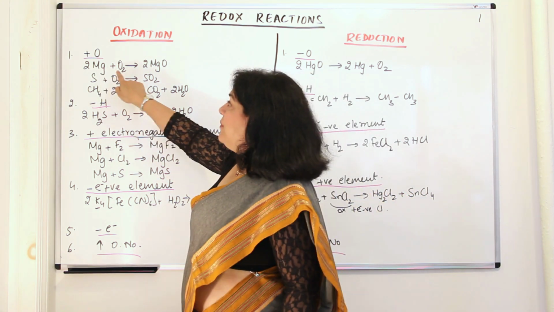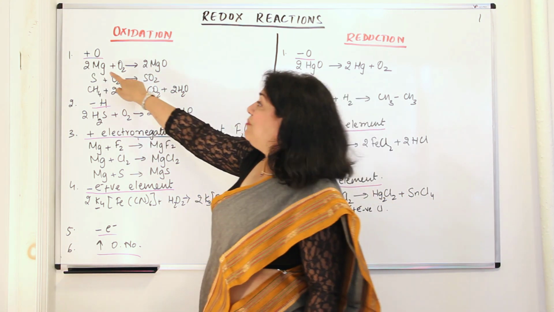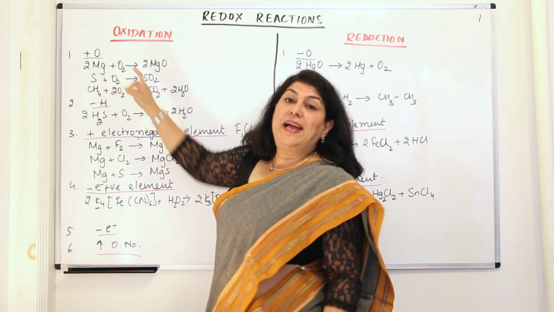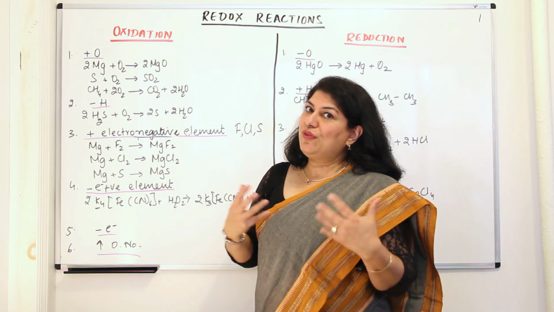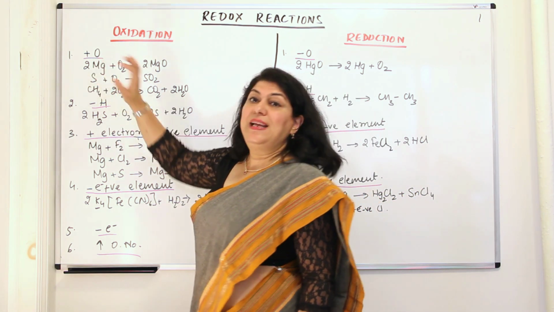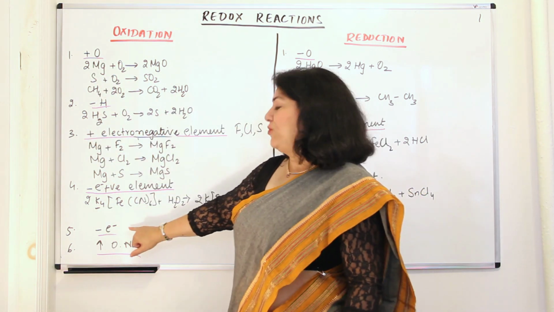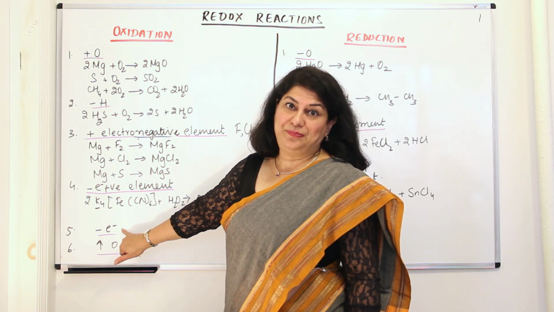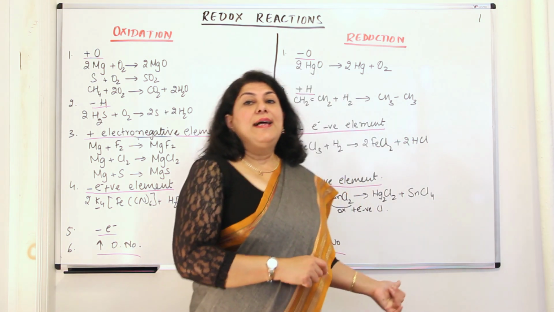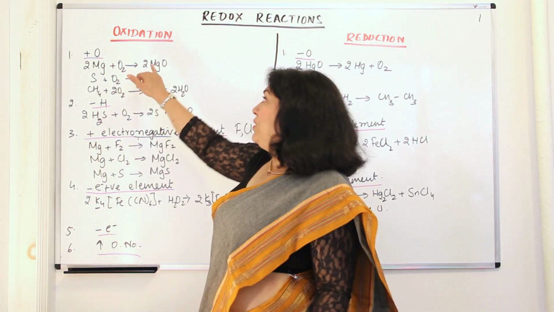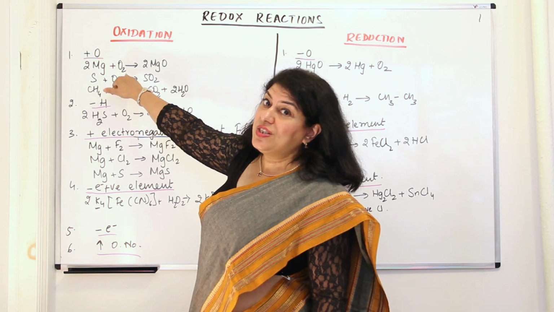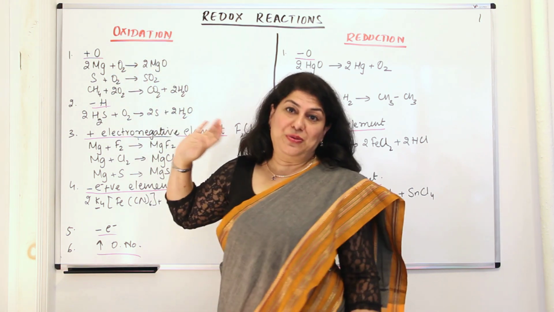For example, when magnesium forms magnesium oxide, magnesium loses 2 electrons and oxygen gains 2 electrons. So in terms of electron transfer, you would say that magnesium loses electrons, therefore it is getting oxidized. And the opposite of this, when it gains electrons, that would get reduced. And here what did we say? Oxygen gained the electrons, therefore oxygen got reduced.